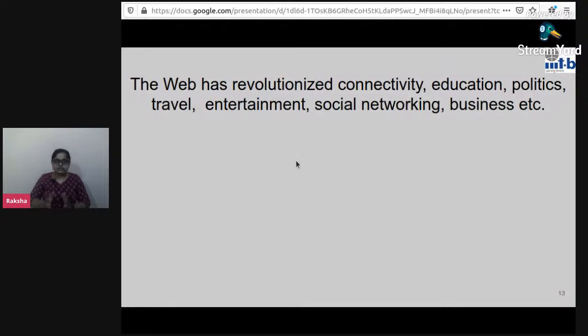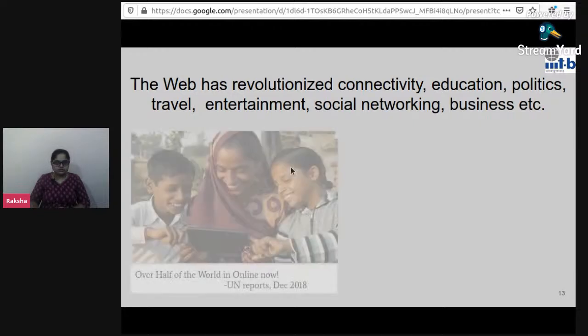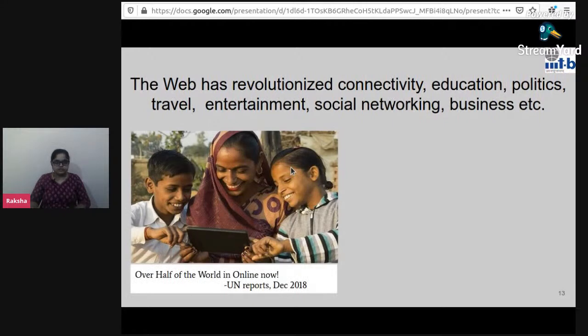Since its invention, since its innovation, the web has revolutionized many areas of our life. For example, connectivity, education, politics, travel, entertainment, and many aspects of our life. Right. So some of these are some of the examples.